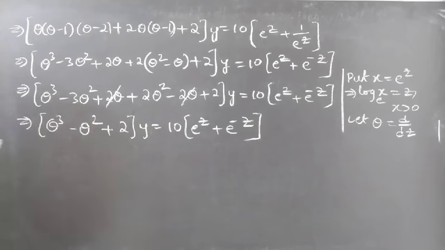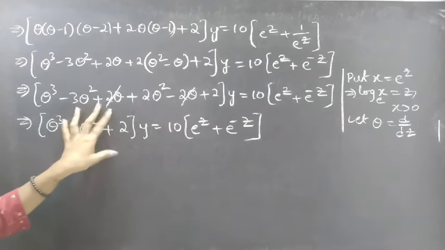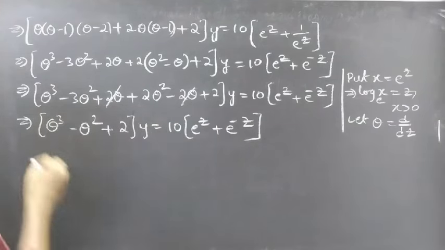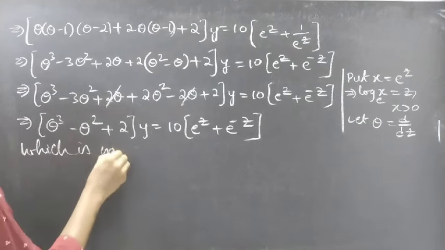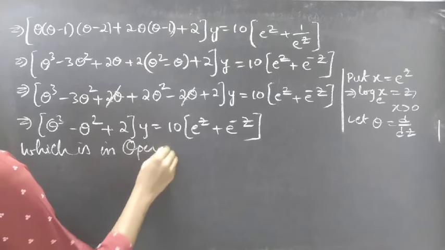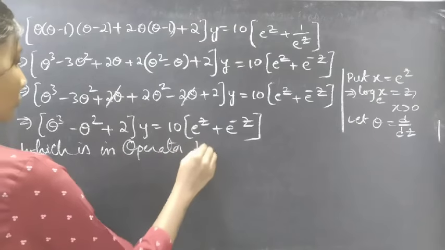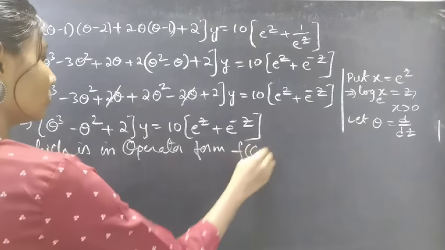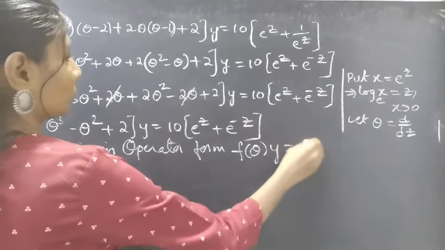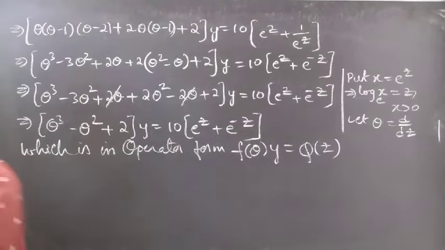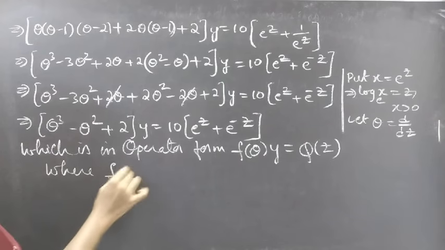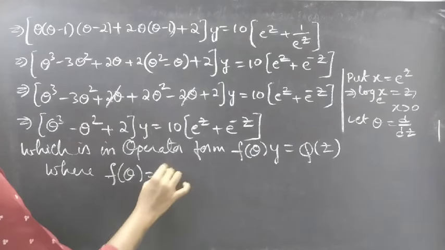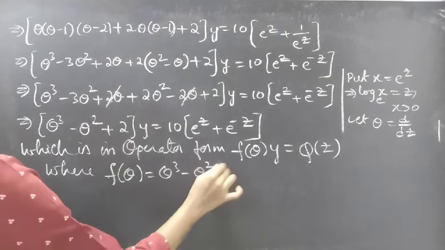And also, this is in operator form f of theta into y equals some function of z, where f of theta is theta cube minus theta square plus 2.